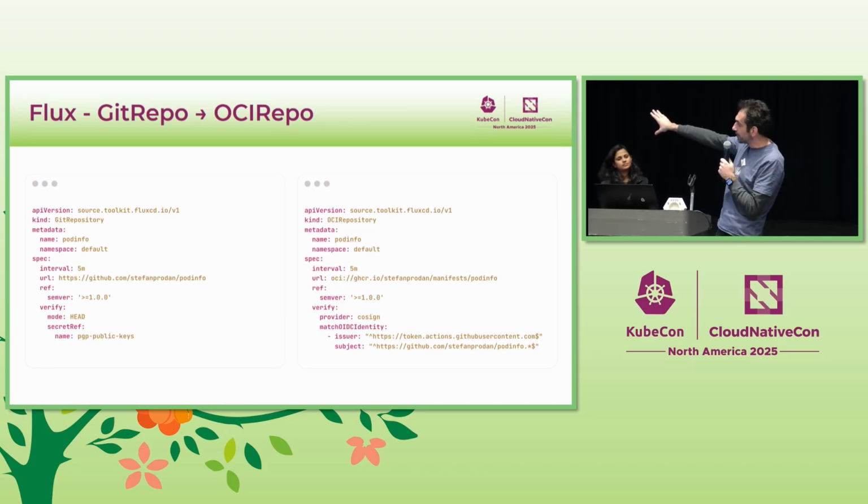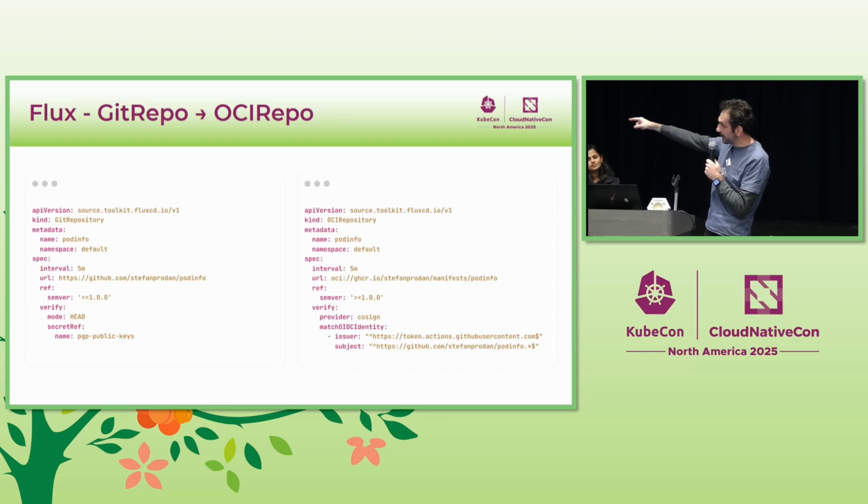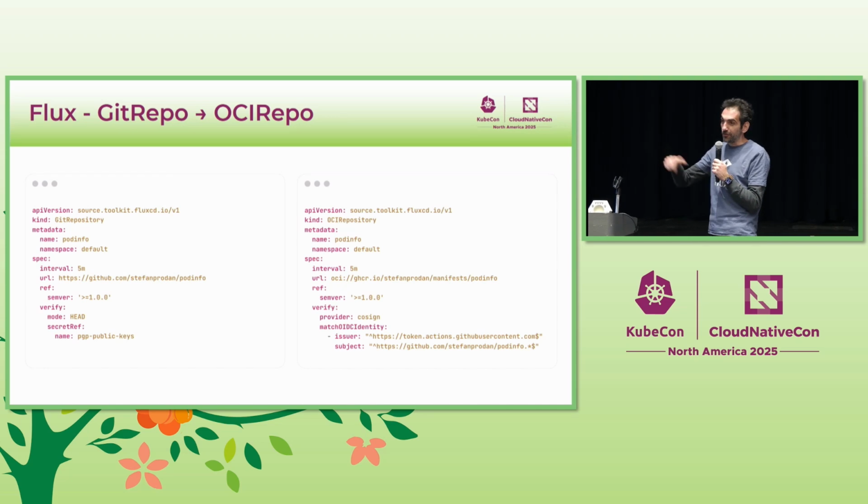The major change is in the verification part, where instead of verifying a PGP key, now you can say provider cosign, and you give it the keyless verification. We check that the machine that has produced this artifact originates from the repo where the app is, right? So if you create this artifact from a fork or from a different repo, the cluster will reject it and say, not authorized, I will not be applying this configuration.